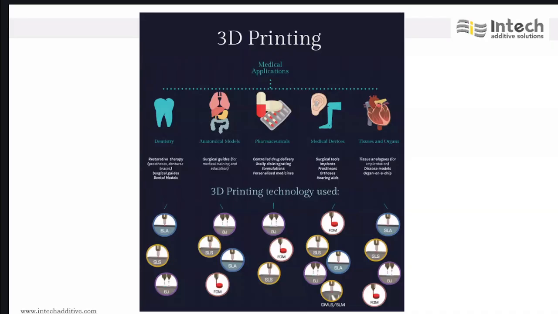And if it is going to be a simple model, then we may have to go for VAT photopolymerization process. And then pharmaceutical application, you could see that it's about controlled drug delivery systems, or customized formulations and so on. So this is predominantly done using material extrusion process or binder jetting.